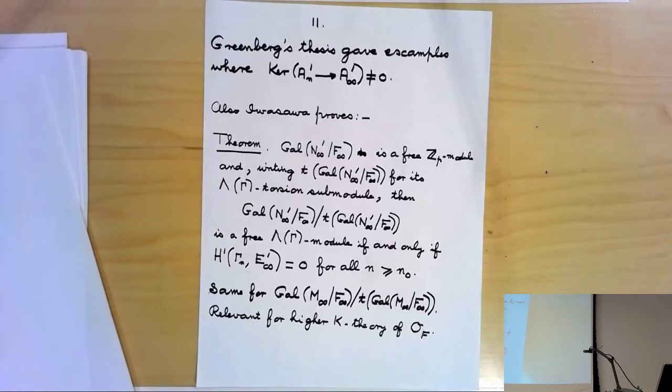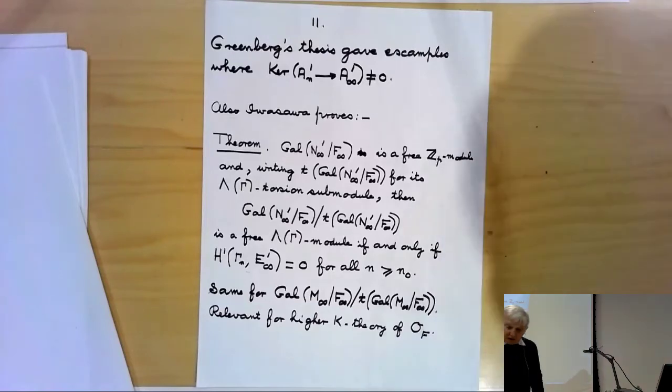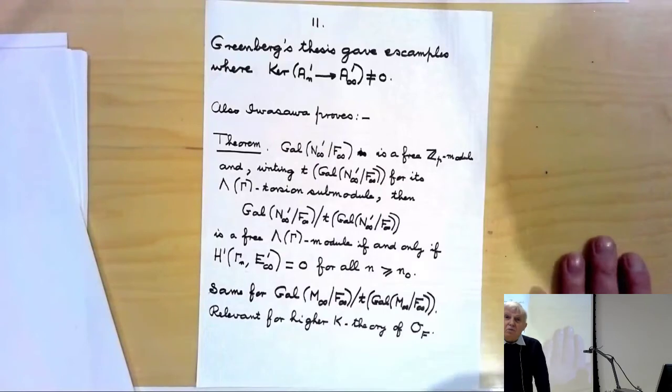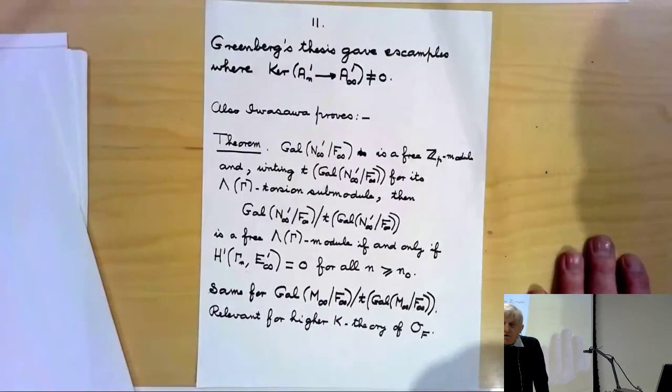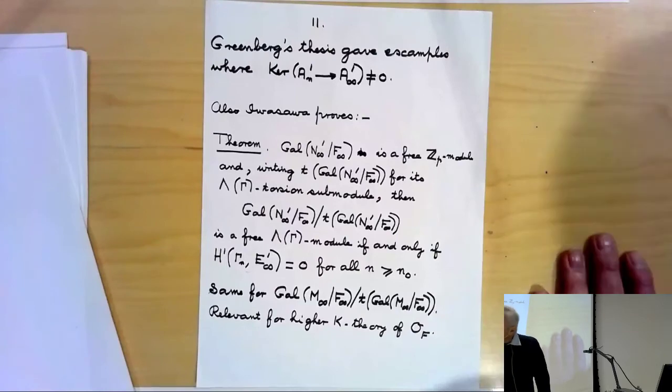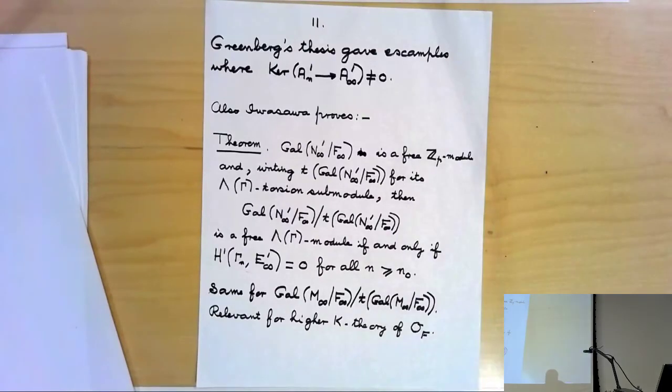So I'm sorry, I should have got hold of him earlier and dug out the example, but there's certainly, he gave some beautiful examples where this kernel is non-trivial for the prime 3. Did you do any for the prime 2 also, Ralph? Aha, okay.